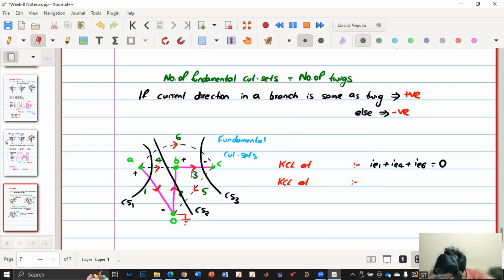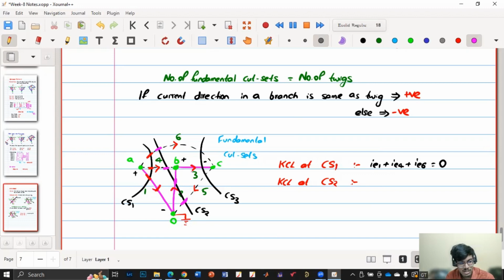So it is KCL at cut set 1, KCL at cut set 2. Cut set 1 has one current here, another here, and another here, so three currents. Cut set 2, if I use a different color, has four currents.